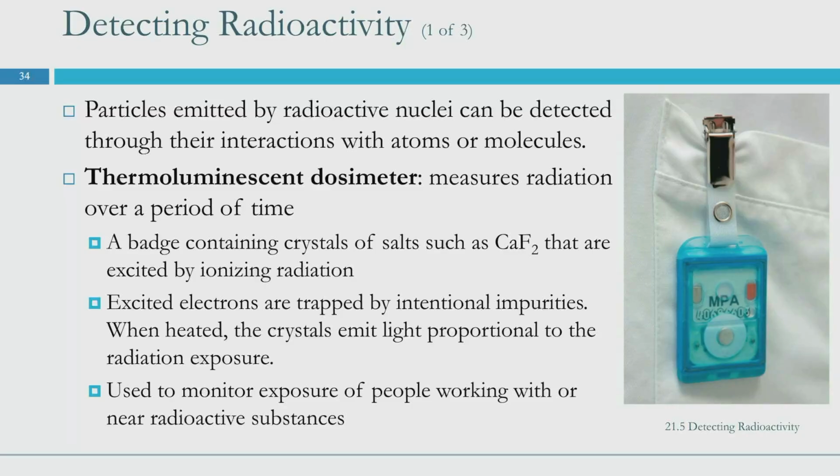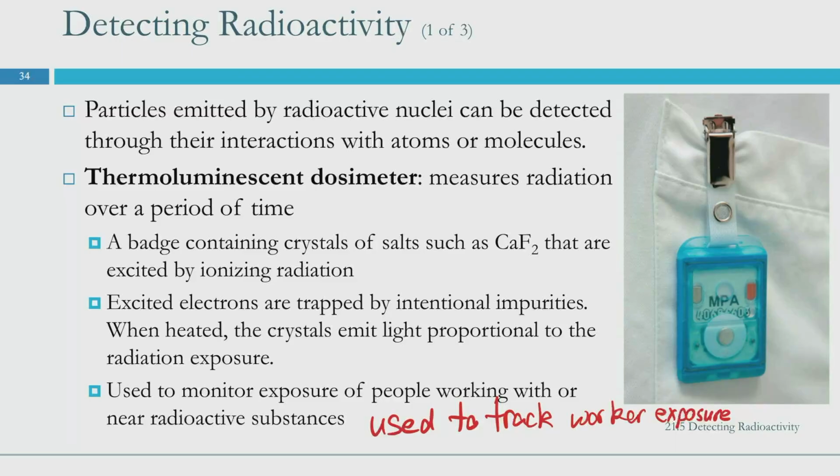Then you would submit them at the end of the week or the end of the month. They would get processed, and they would figure out, based on the color or how developed the film is, how much radioactivity you were exposed to. This is a way of tracking your exposure, to make sure that you're not exposed to really high levels of radioactivity that could cause you to develop cancer at a much higher than normal rate.